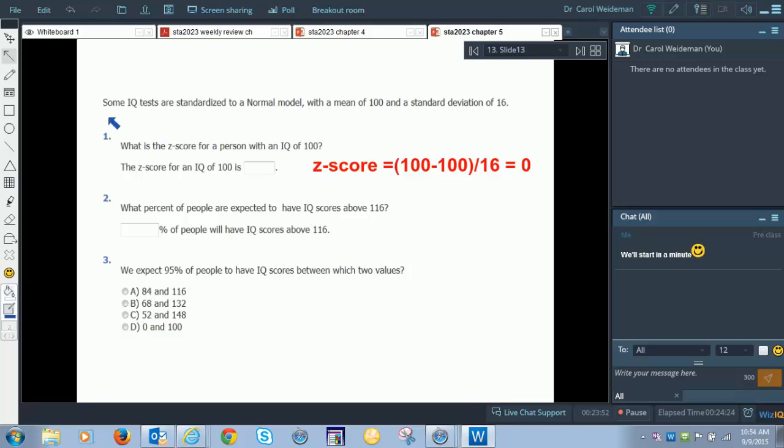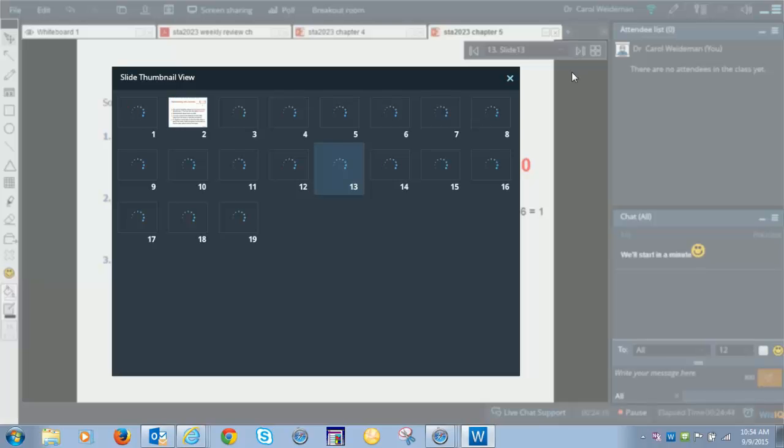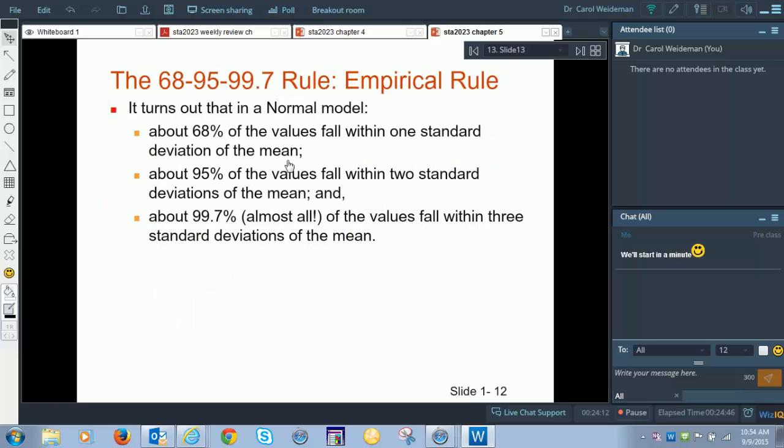What percent of people are expected to have z-scores above 116? Okay, so 116, I could go ahead and determine the z-score for that. The z-score is going to be 116 minus 100 divided by 16, which comes out to be 1. So that's a z-score of 1.